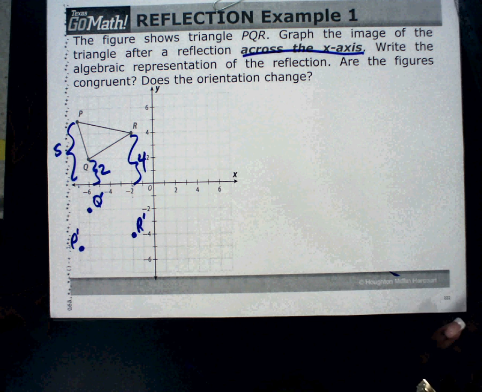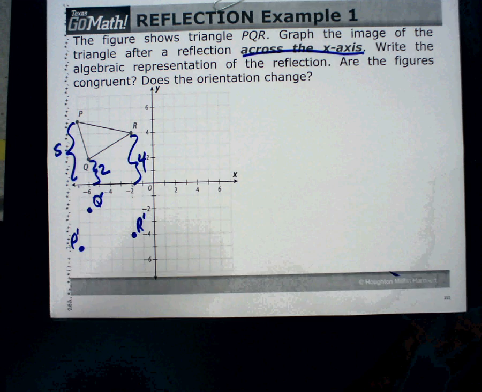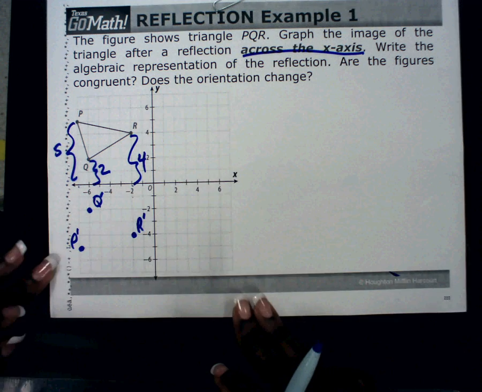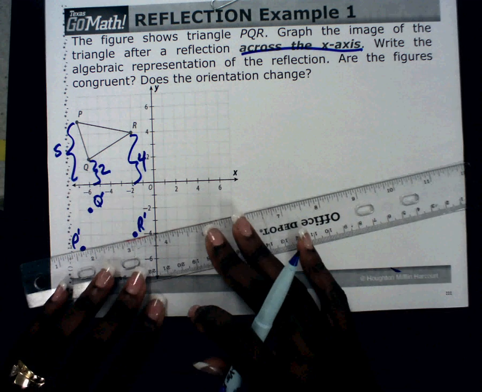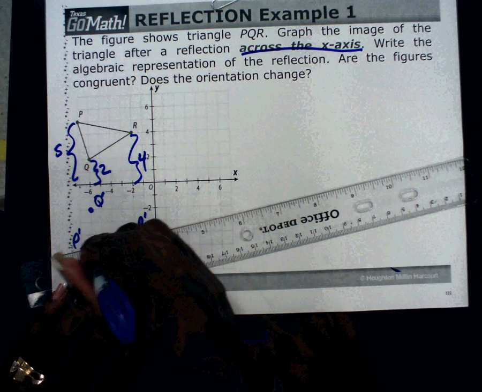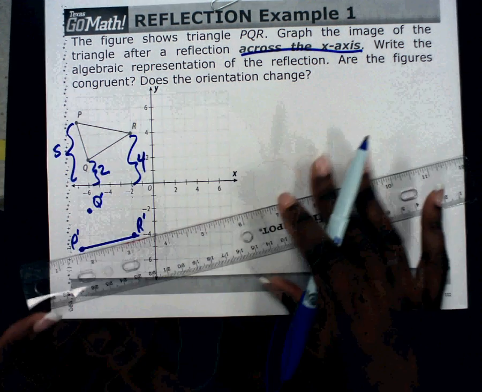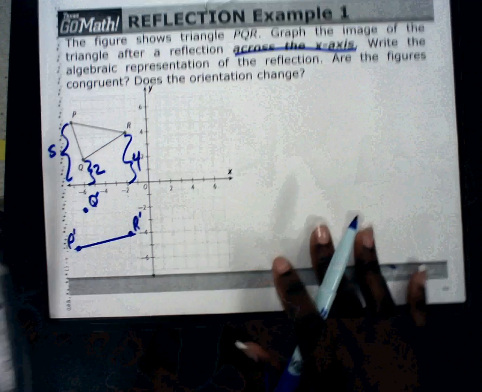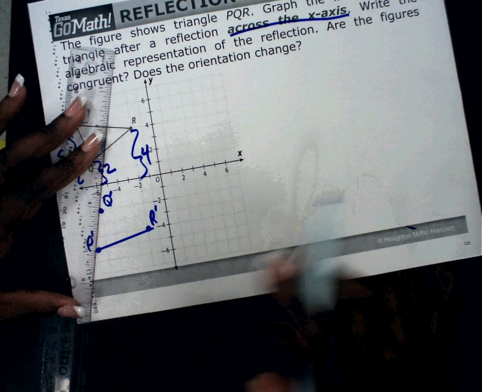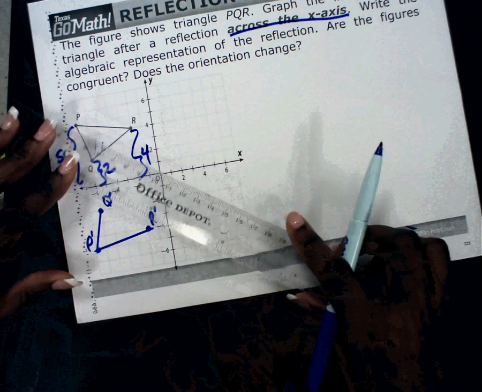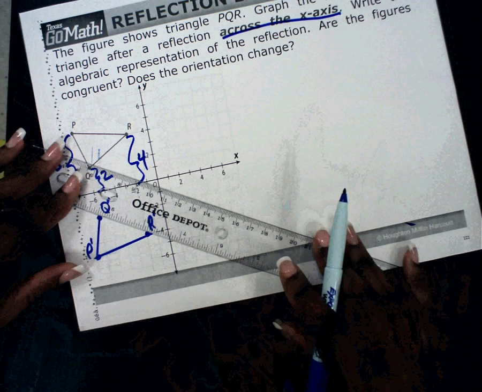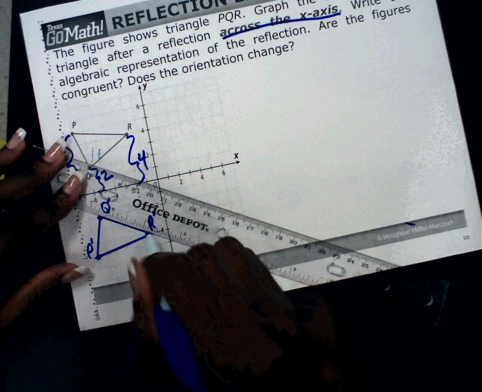So now we need to connect the points and create our reflected triangle across the x-axis. So we connect P prime and R prime, and then we connect Q prime and P prime, and then our last one is Q prime and R prime.